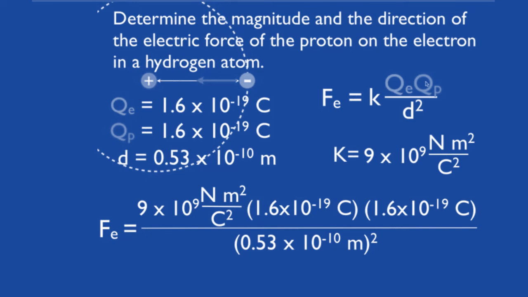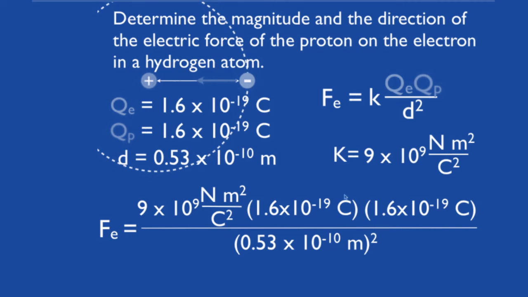Now, when we calculate the electric force, we usually, and I would say almost always, do not put in the negative and the positive sign. We could use that to determine whether the force is attractive or repulsive. If we put the charges in and the value comes out negative, we know it is attractive, and if it comes out positive, we know it is repulsive.